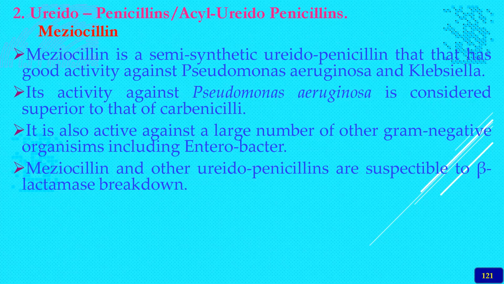It is effective against Pseudomonas aeruginosa and also Klebsiella. The ureidopenicillins are effective against Pseudomonas aeruginosa and are superior to carbenicillin. They are also active against a large number of other gram-negative organisms, including Enterobacteriaceae like E. coli.